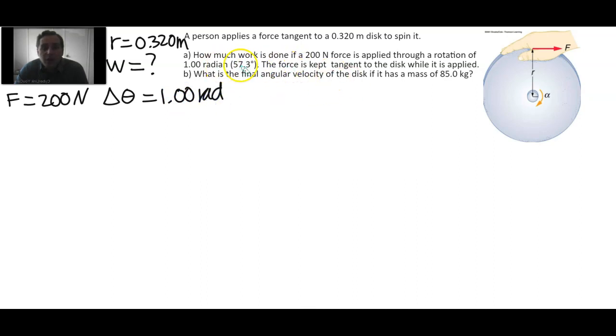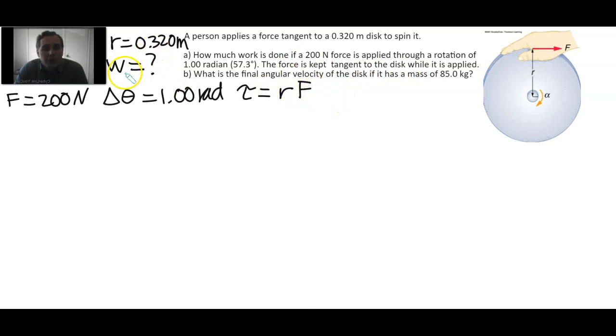And we also know that the force is kept tangent to the disk. So the torque is going to equal R times F, because R here is just the radius of the lever arm, and so it's going to be exactly perpendicular. We don't need to worry about sine of phi here or anything.